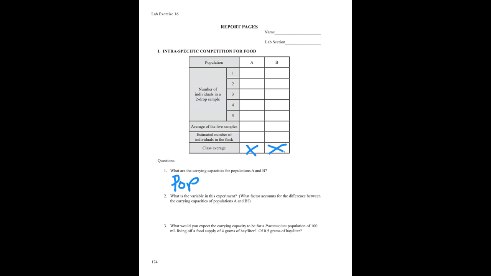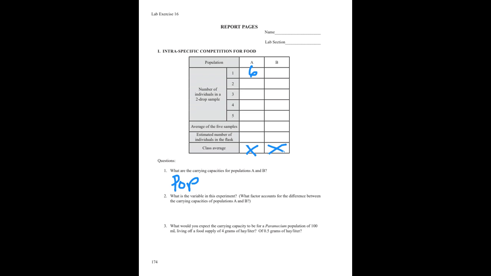All right, we're back. Presumably you have gone through this and filled in all of the information. Okay, so if we were looking at the paramecium slides, for sample 1A, you had 6, right? For 2, you had again, 6.